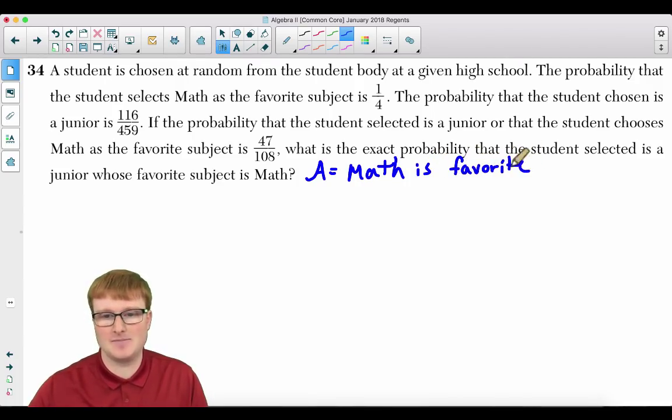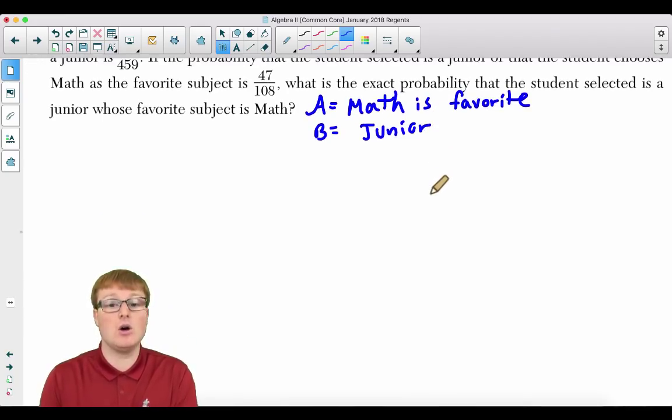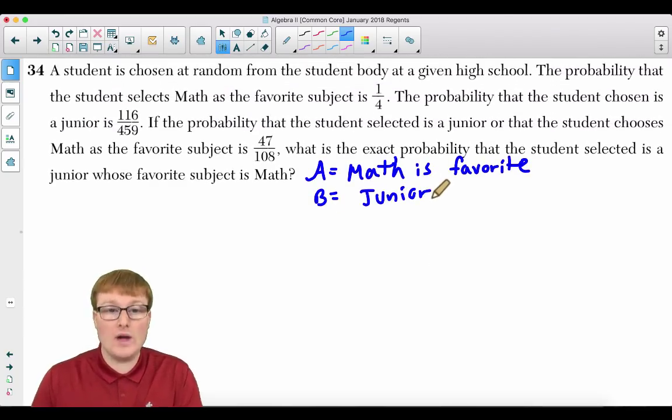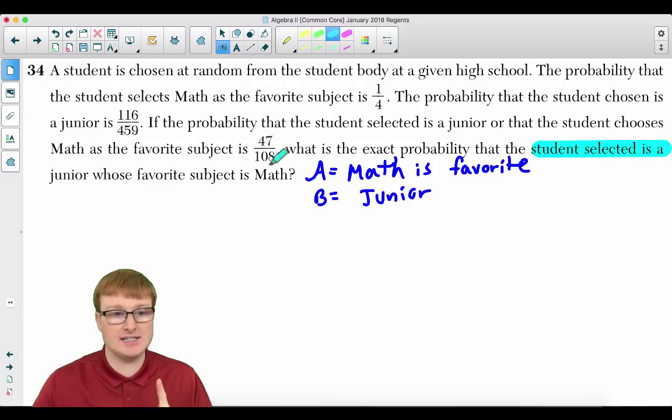So that's event A. The event B is the fact that the student chosen is a junior. What is the exact probability that the student selected is a junior whose favorite subject is math?